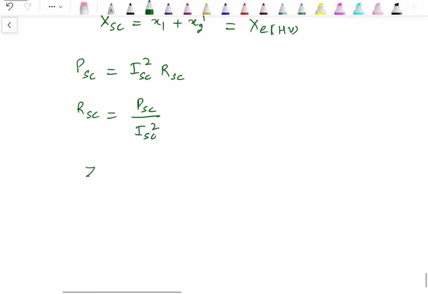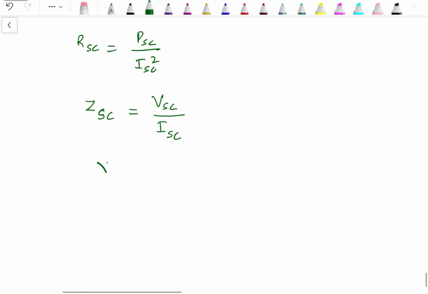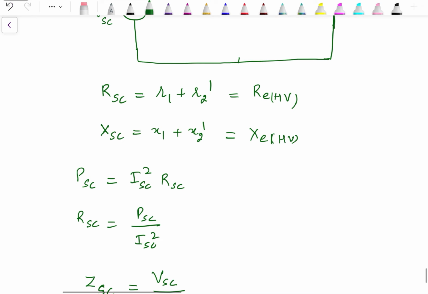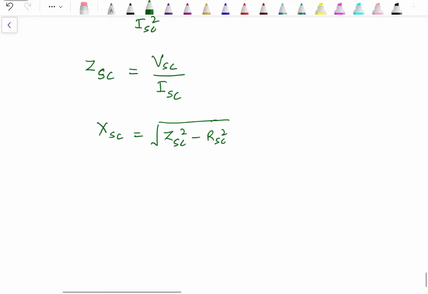Also, from the voltage and current at short circuit, we can calculate the impedance. So once we have the value of impedance, then we can calculate the reactance also, which will be equal to square root of ZSC square minus RSC square. So XSC is equal to X equivalent referred to high voltage side, RSC is the equivalent resistance referred to high voltage side. So this is how we can calculate them.